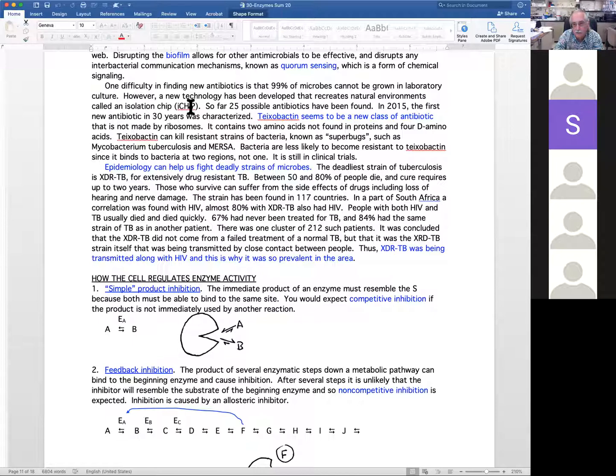So doctors are not selling as much antibiotic. And they've had to shut down their research labs because they can't afford to go look for new drugs. Pretty scary.